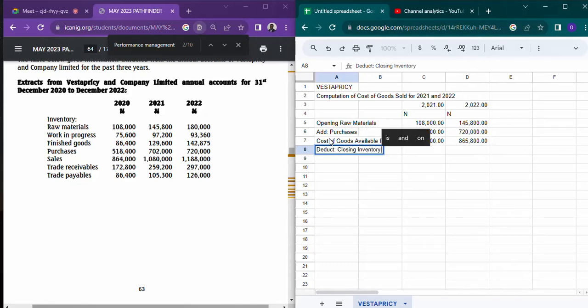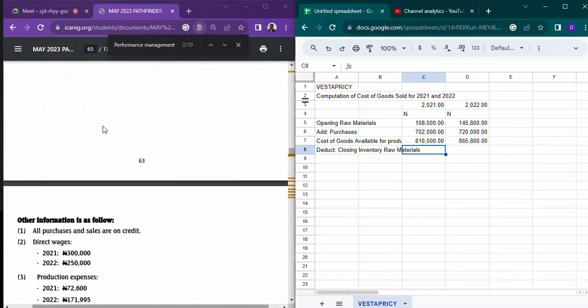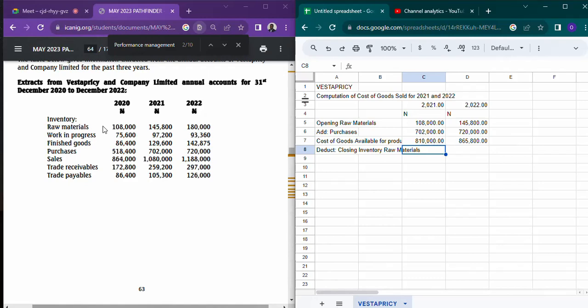You're not getting the summation. Okay, you've gotten it. So what is the closing inventory of raw materials? You said this is the cost of goods available for production. Then closing materials is how much?